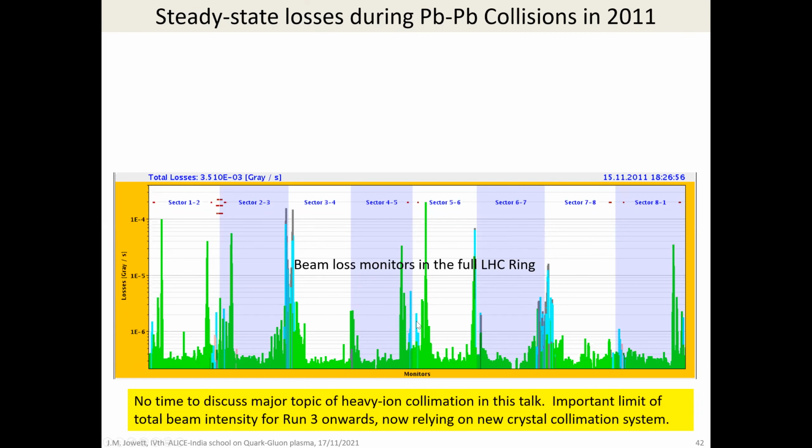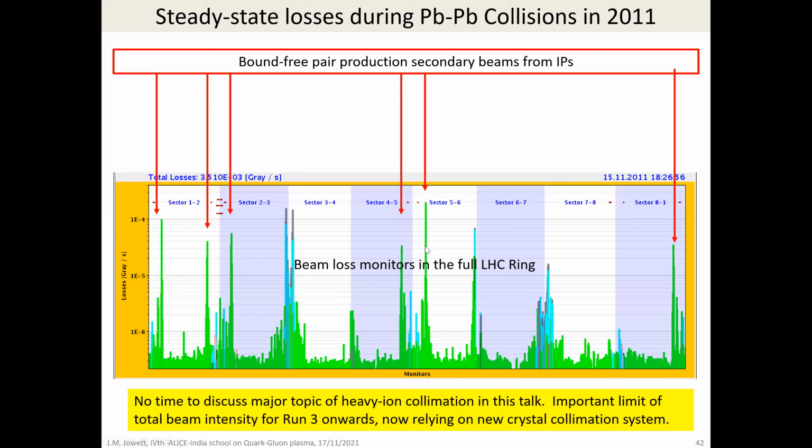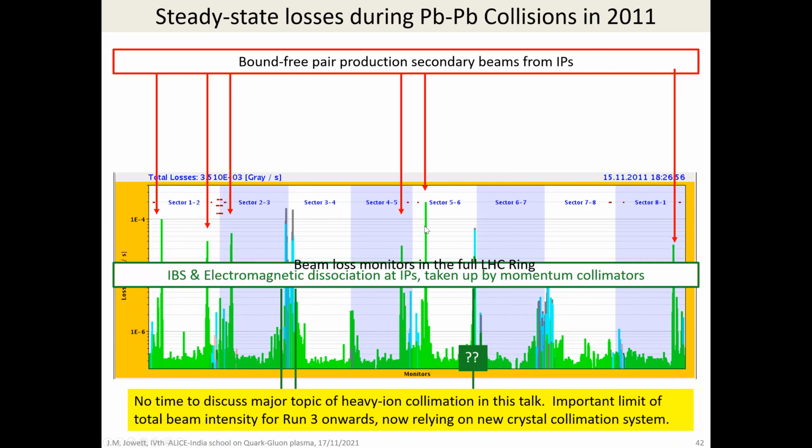And here you can see around Alice here, around Atlas, which is split here, and around CMS here, you see substantial loss peaks due to this effect. These are the bound-free pair production peaks.